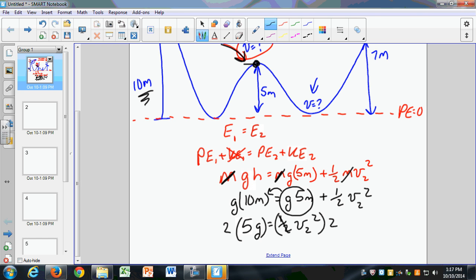That gets rid of the half there, and then I square root it on both sides. So that gives me v2 equals the square root of 10 times 10, which is equal to 10 meters per second. Make sure that you're okay with that algebra. We'll see some other questions. I'll let you try it on your own, because you will have to do this, solving for these variables.